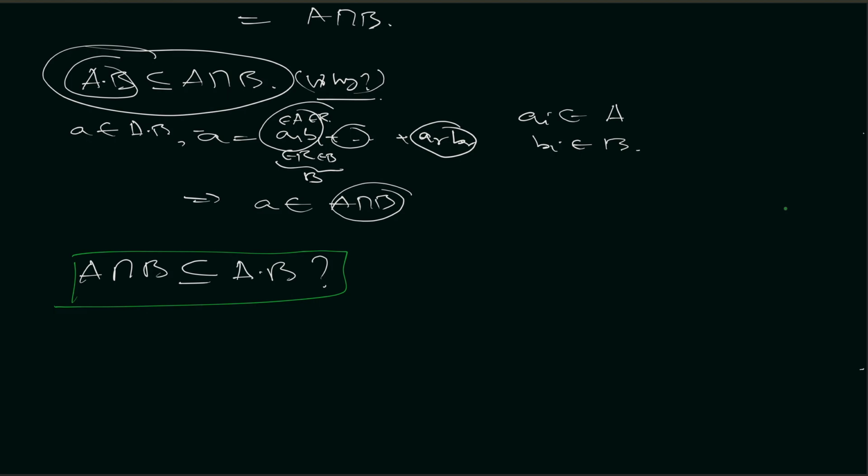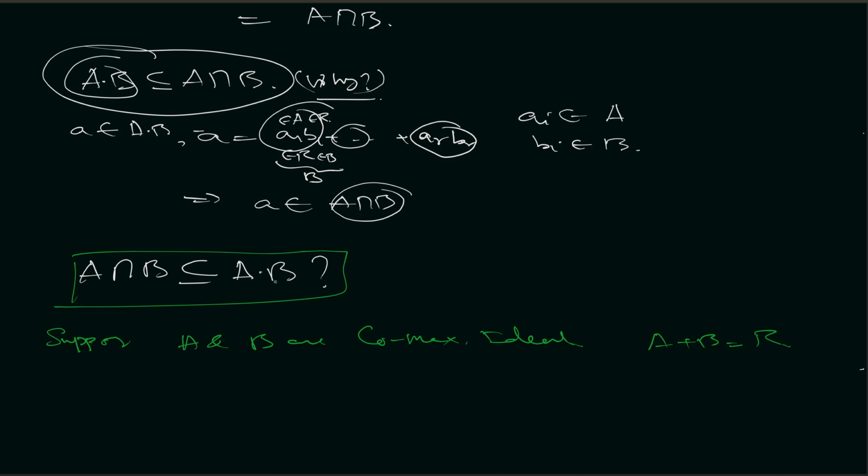Suppose A and B are co-maximal ideals. Co-maximal means that A plus B is equal to R. This is the definition of a co-maximal ideal.